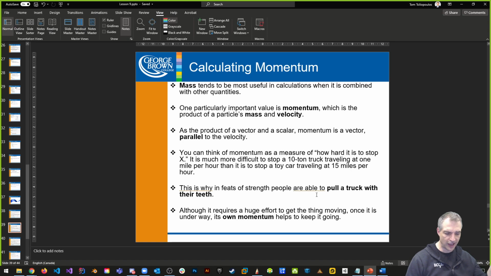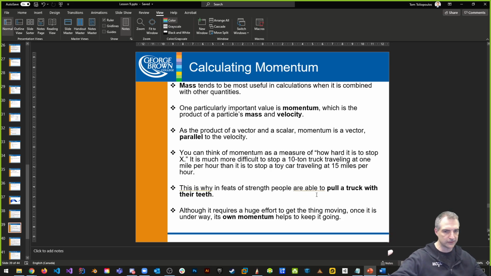That's momentum. So think about that. Whereas a toy car might only have, let's say it's a heavy toy car, a kilogram, moving at the same rate, 1 kilometer per hour. 1 kilogram, 1 kilometer per hour, it's got one unit. 10,000 units, 1 unit.